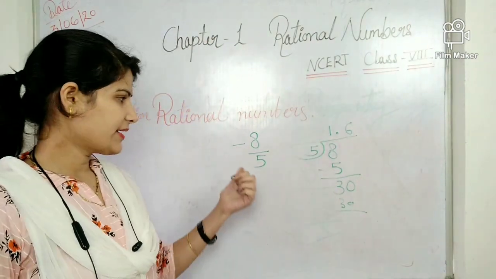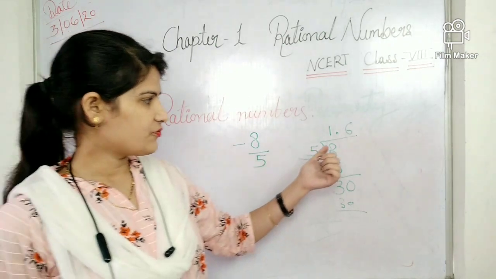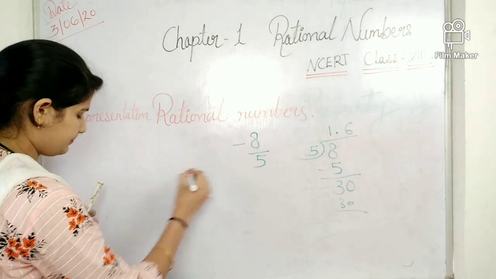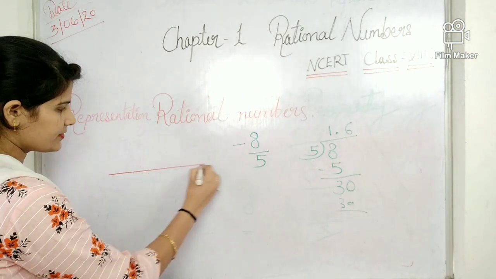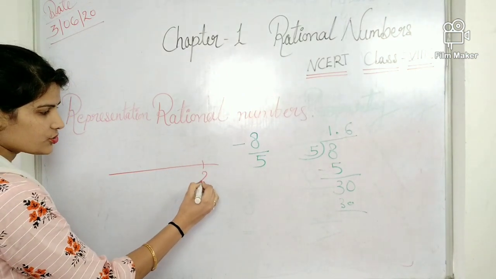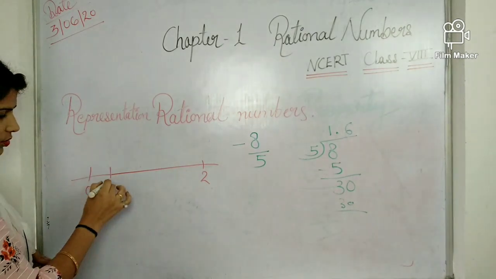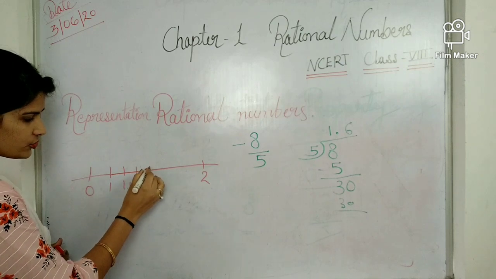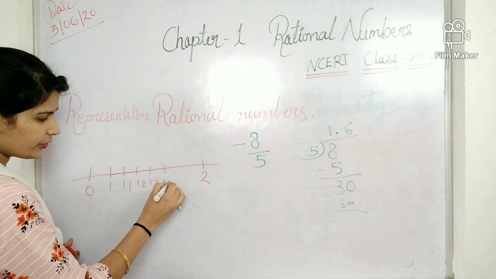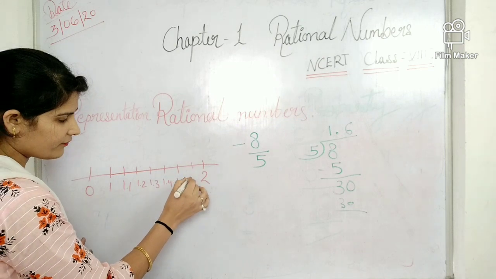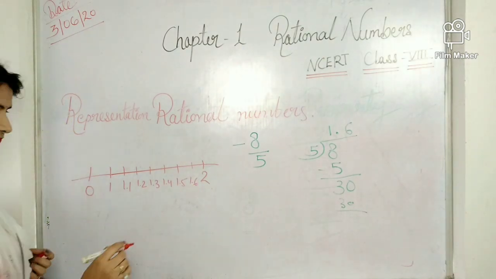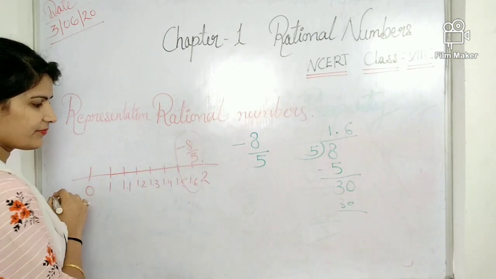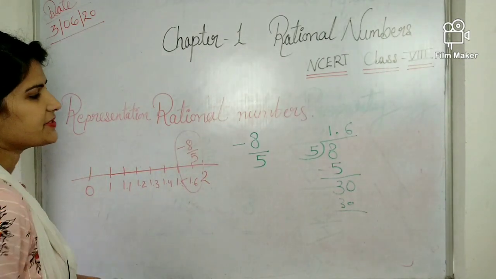Then minus 8 upon 5 lies between 1 and 2. So draw a number line and represent this. Here is 2, here is 0, 1, 1.1, 1.2, 1.3, 1.4, 1.5 and 1.6 and so on. So minus 8 upon 5 is represented here.